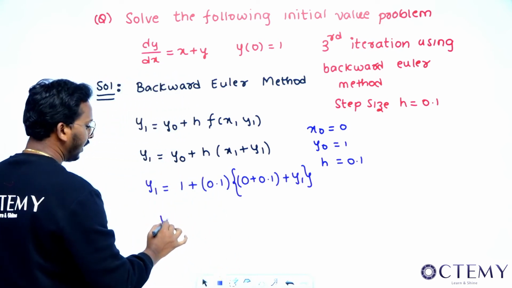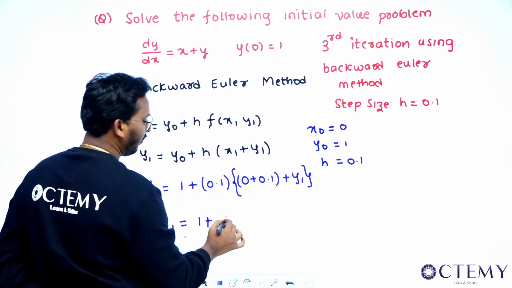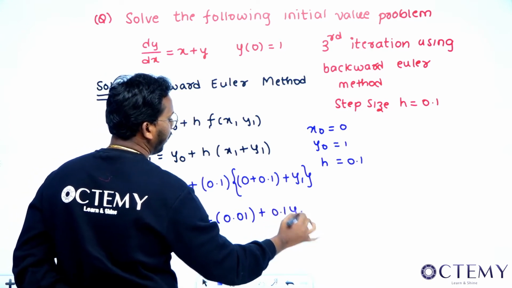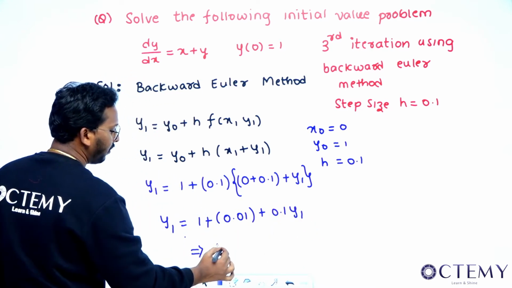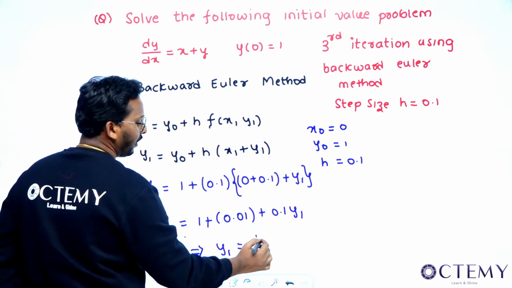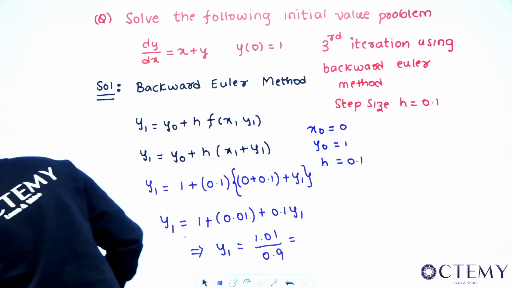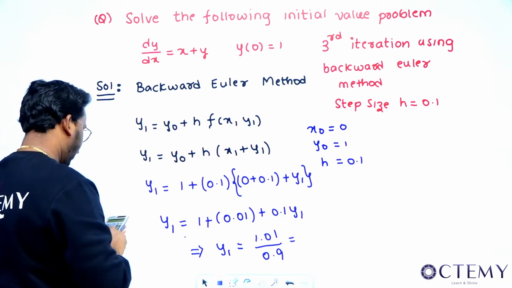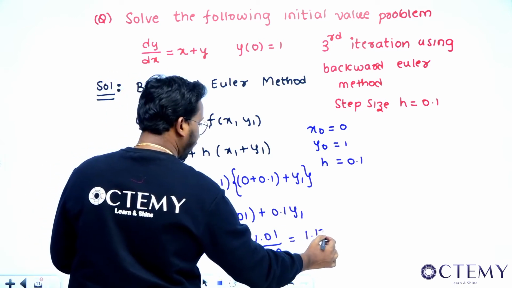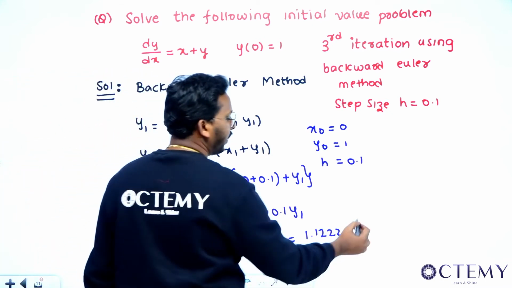So from here you will get y1 = 1 + 0.1 × 0.1, 0.01, plus 0.1 y1, which implies, if it comes this side, it will become 1 minus 0.1. So y1 = 1.01 divided by 0.9. That should be equal to 1.1222, right?